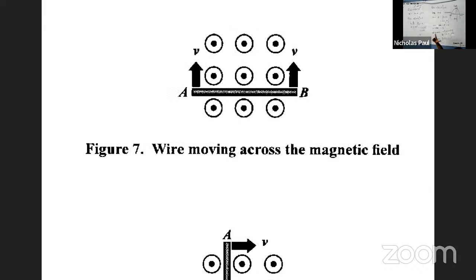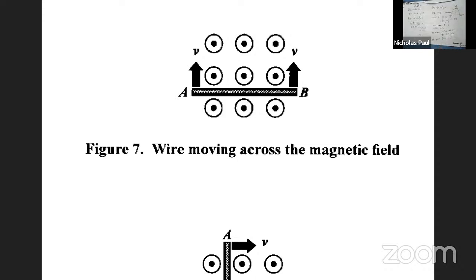Right hand rule, right? So your magnetic field is pointing out and the force is upwards. So the current is moving from A to B. Watch, the thumb pointing upwards, relative to the diagram.